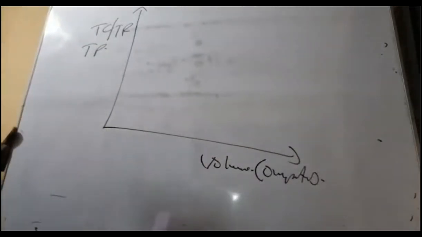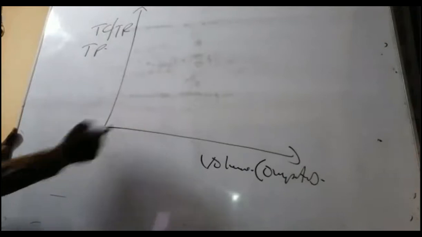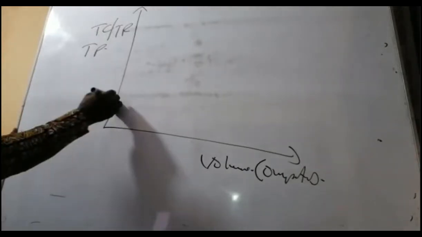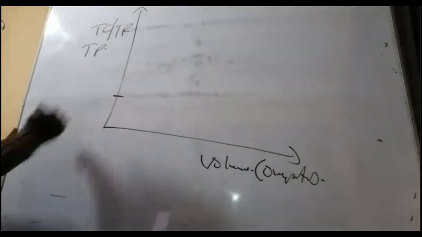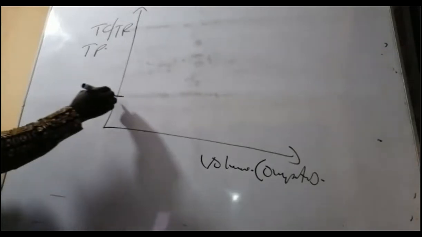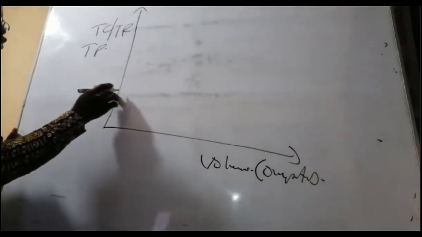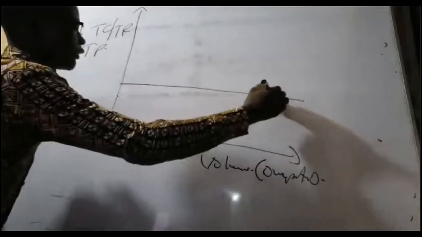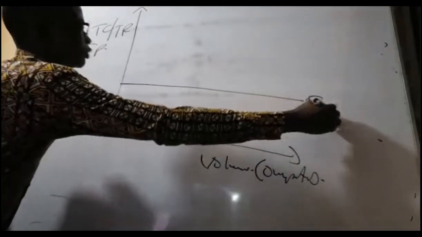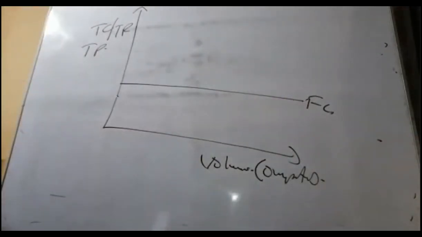Now let's just demarcate. First of all, fixed cost. If your fixed cost is 25 somewhere here, this is the fixed cost. Name it FC, fixed cost. It goes like this.